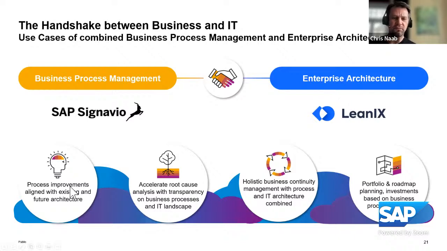So number 1, you have process improvements aligned with not only the existing but also the future architecture. So if you're doing that, then these process improvements will be much more sustainable because you have a perspective on how your underlying architecture will change or is planned to evolve.